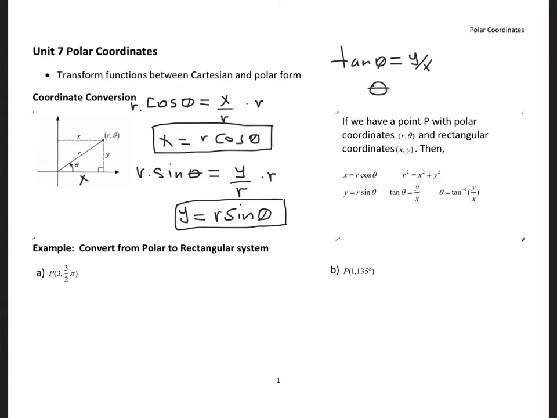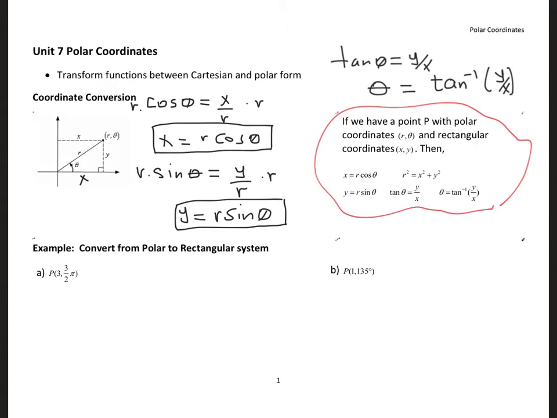So that means to get theta, I just need to do tan inverse y over x. And you can see these are the same formulas summarized there, but I just wanted to derive them. The other thing I didn't do here is how do I get the radius, because I need to be able to find all these variables.